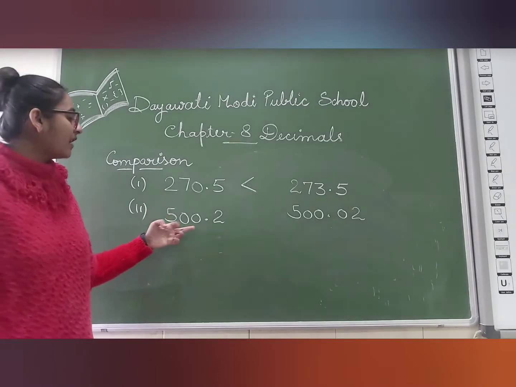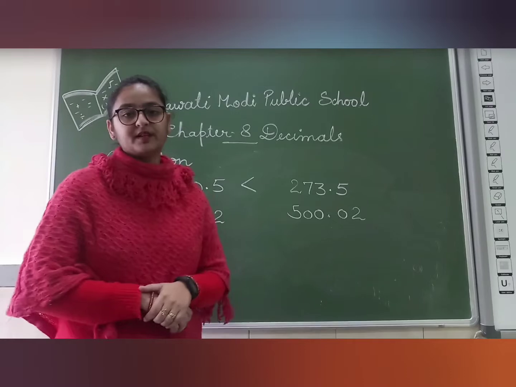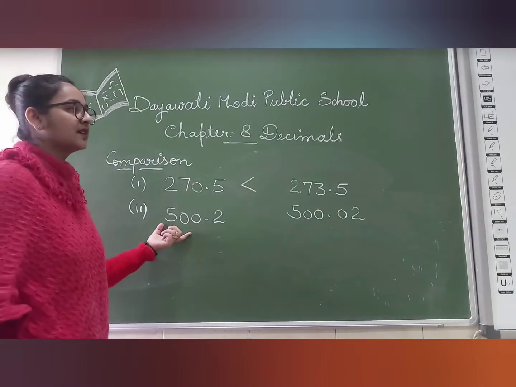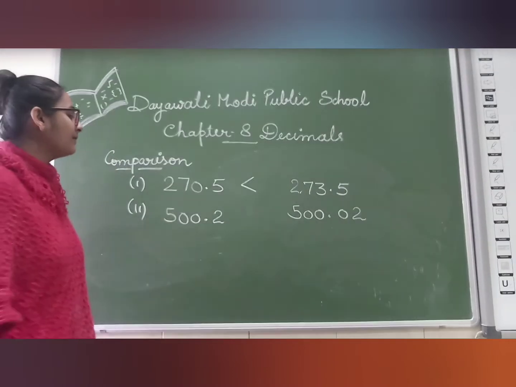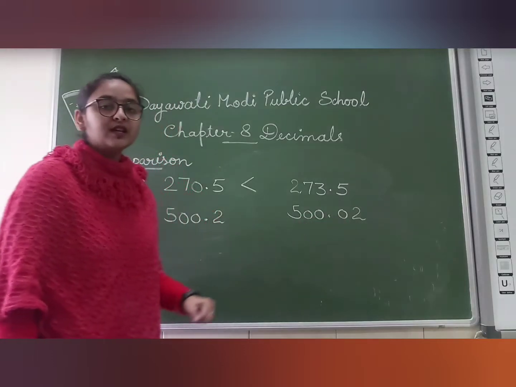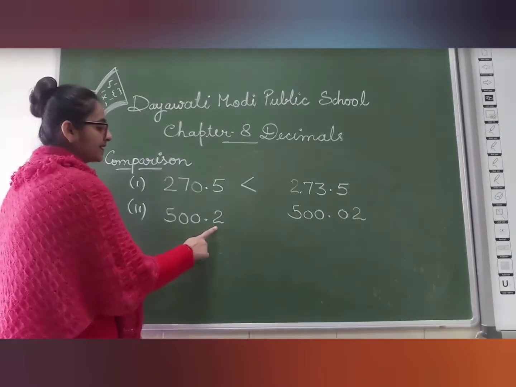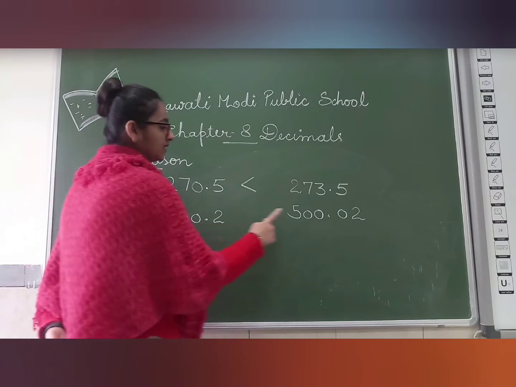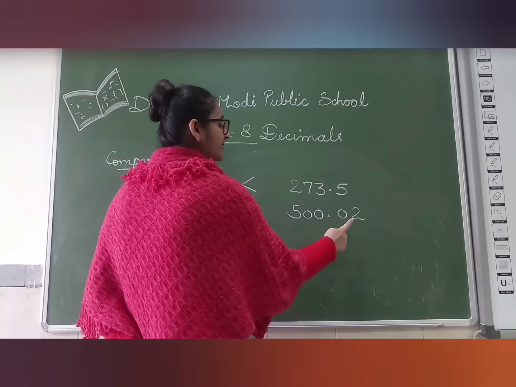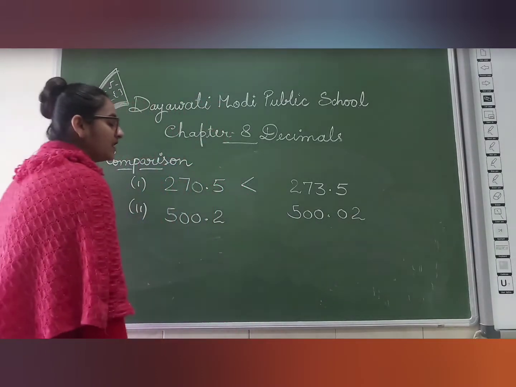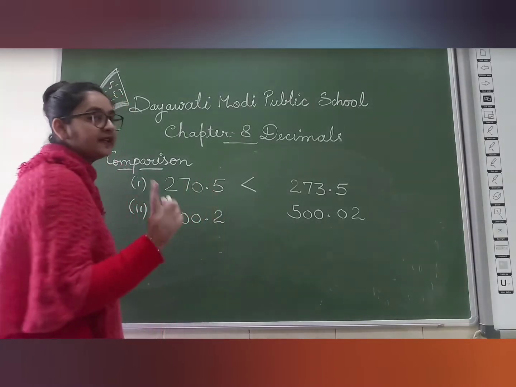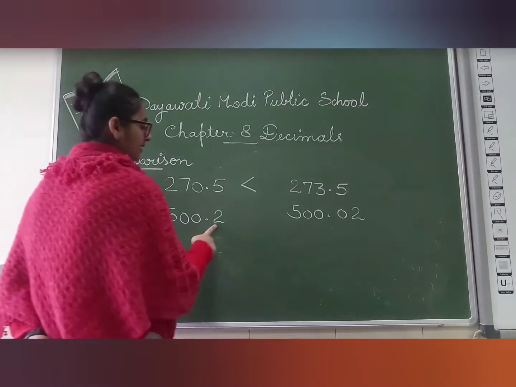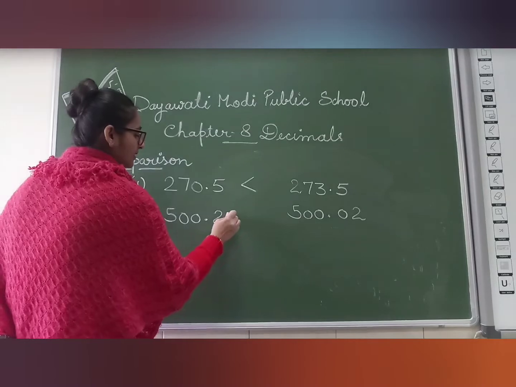But if we have the same whole number part, then we will check out the fractional part. Okay? Here the decimal part is 2 and here the fractional part is 0.02. So firstly we will make them like decimals as the decimal parts are not the same.